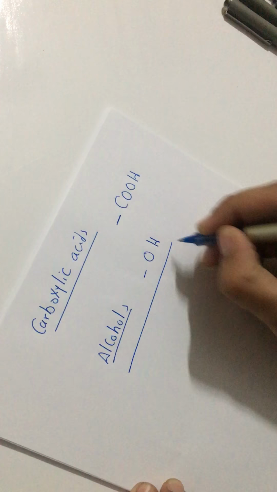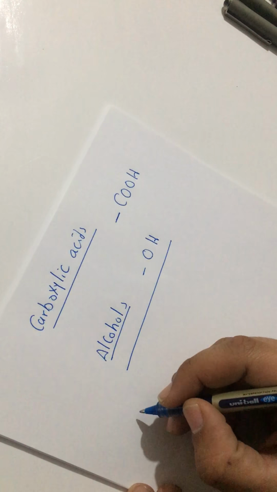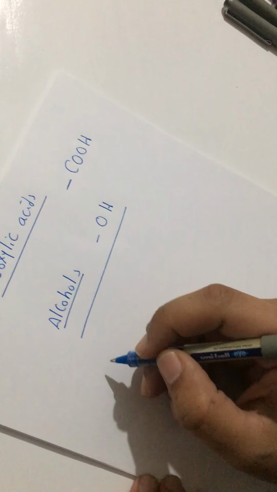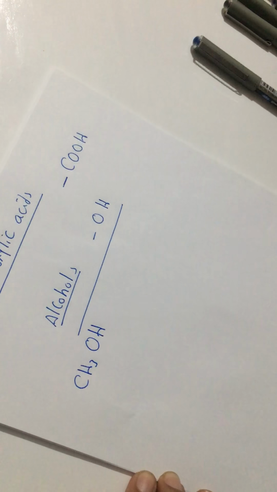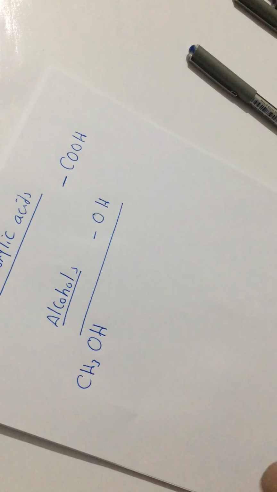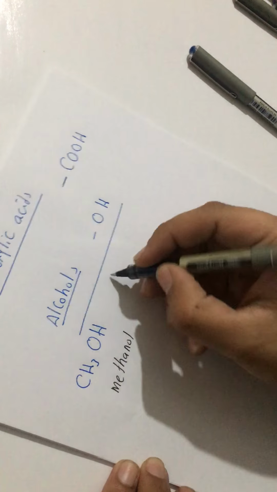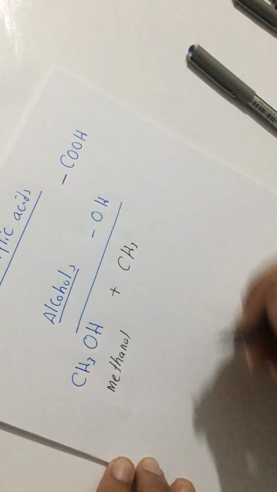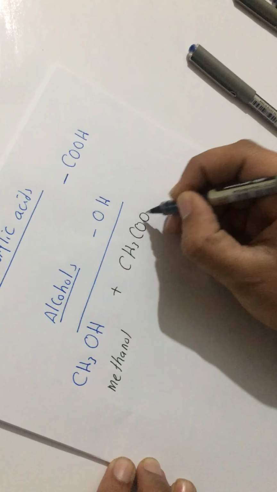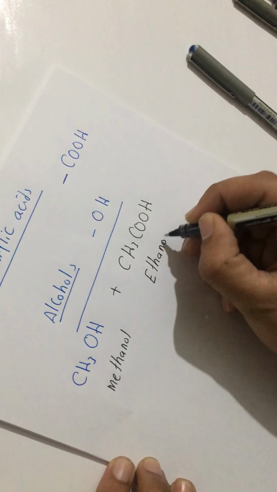So what happens if a carboxylic acid and an alcohol are reacted together? For example, if I have an alcohol like CH3OH, we are going to give this compound the name methanol. And we are going to add a carboxylic acid like CH3COOH, which is called ethanoic acid.